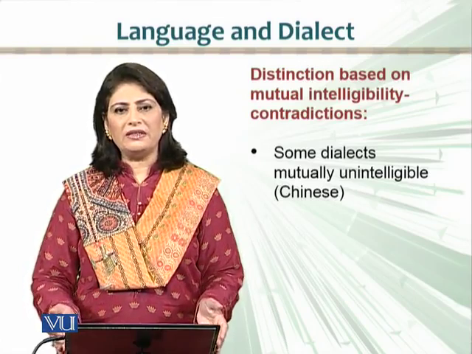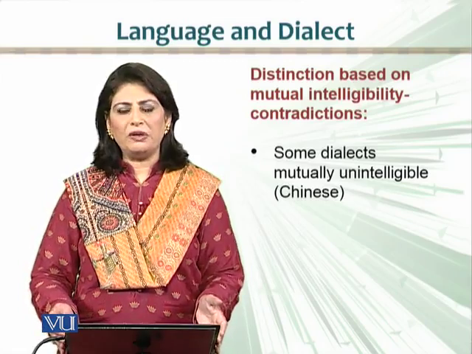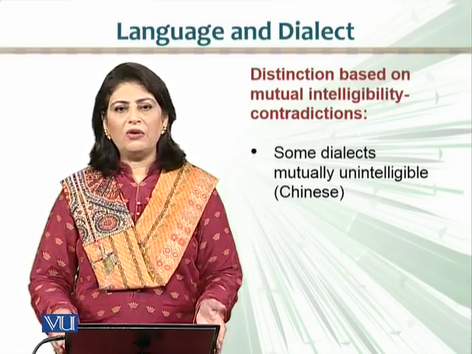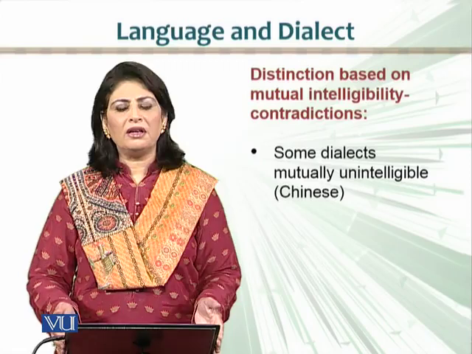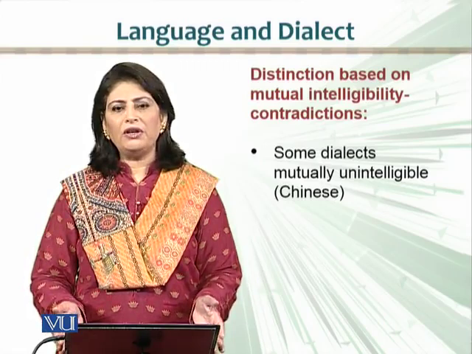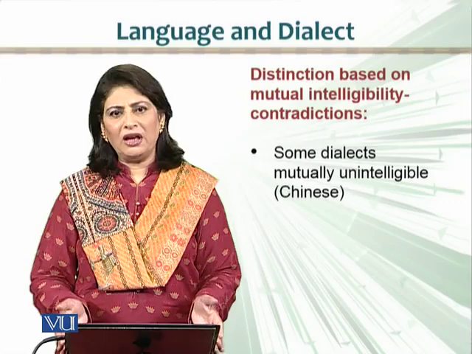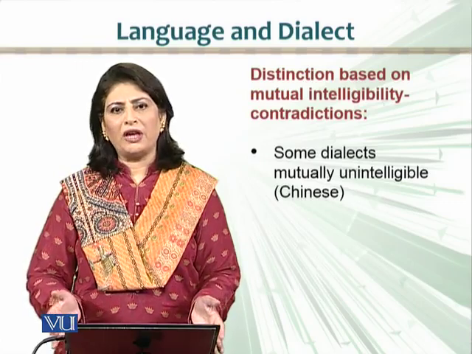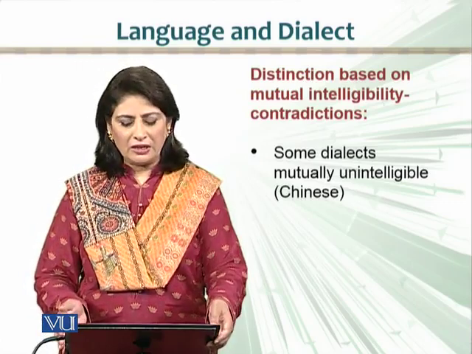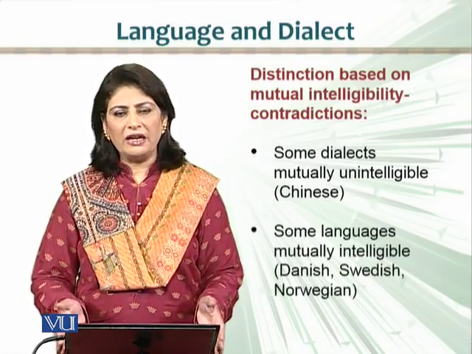But when they can understand what is being said, then these two people are using dialects of the same language. However, even this definition is problematic because in Chinese, the varieties that we call dialects of Chinese are not mutually intelligible. That is, people will not be able to understand each other.